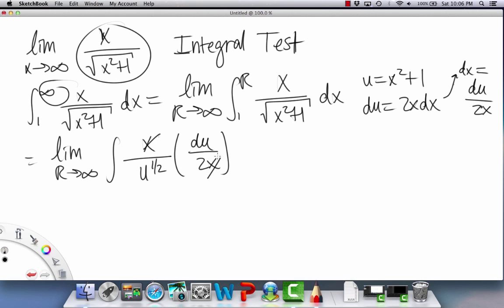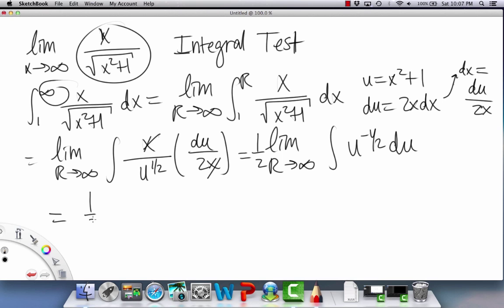We get the limit as R goes to infinity, and I can rewrite the 1/2 out here by bringing it outside in the front. Then this is the integral of u to the -1/2 du. Now we're just going to integrate like normal and see what happens.